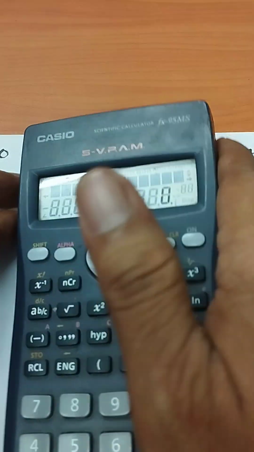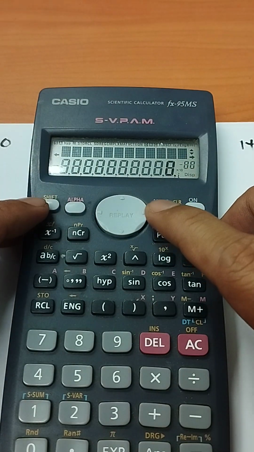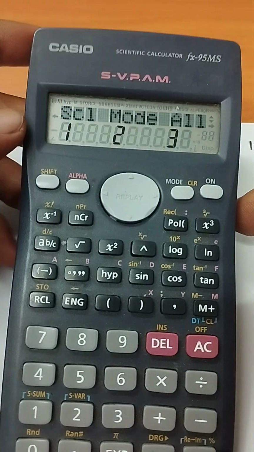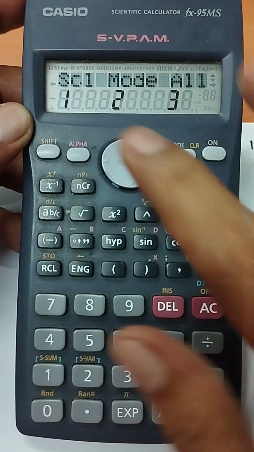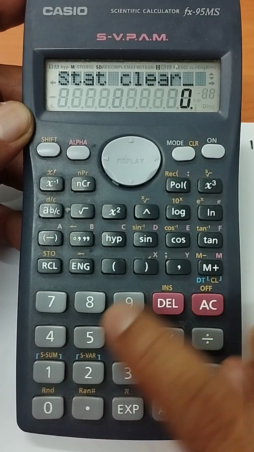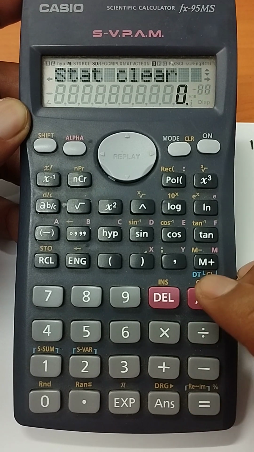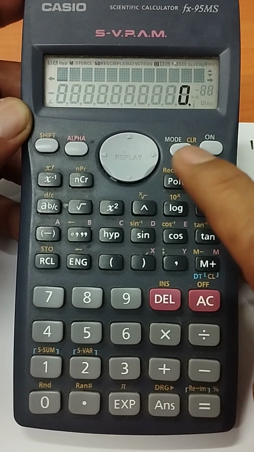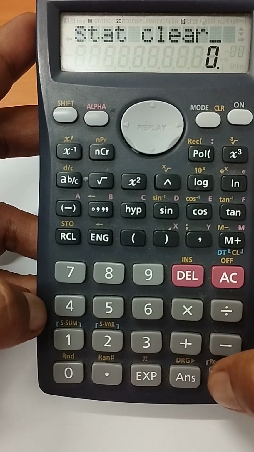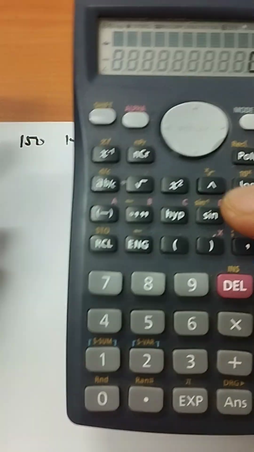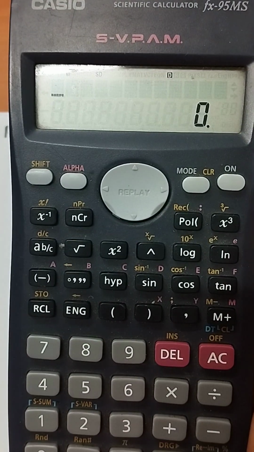Then we have to clear the memory by pressing shift CLR, then choosing SCL, which corresponds to a 1, then equals to execute the command, then clear the screen again. So shift CLR SCL equals AC. That empties the memory of your calculator.